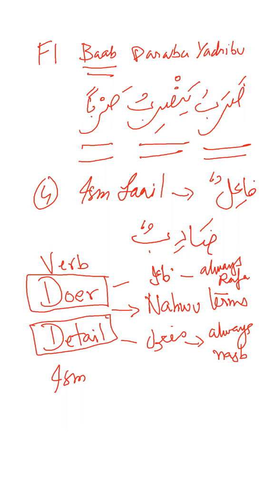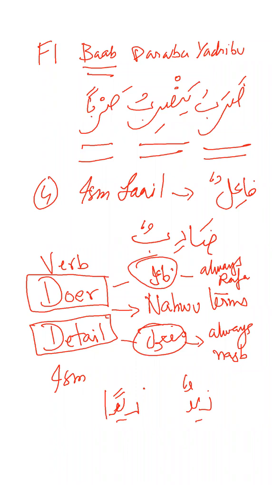Now, fa'il can be just with Rafa, but it can also be Maful in Nasab, right? So basically these are buckets in a sentence.